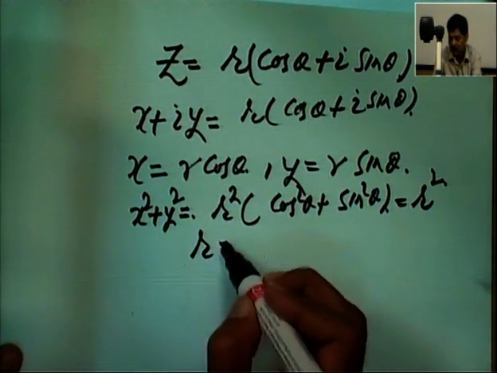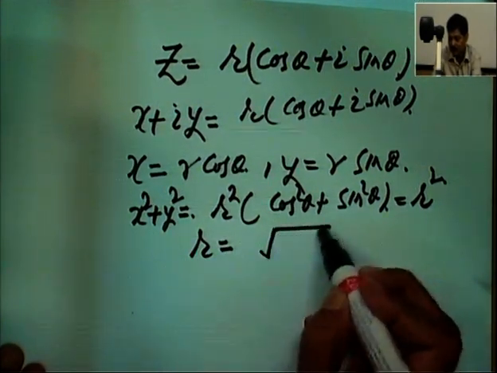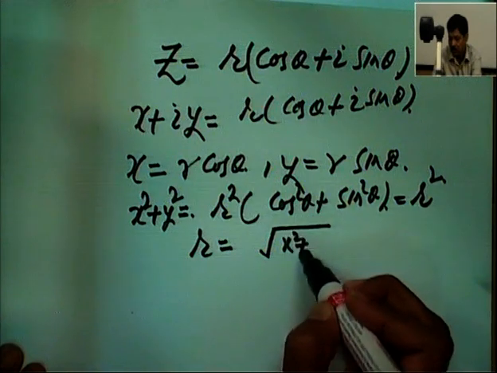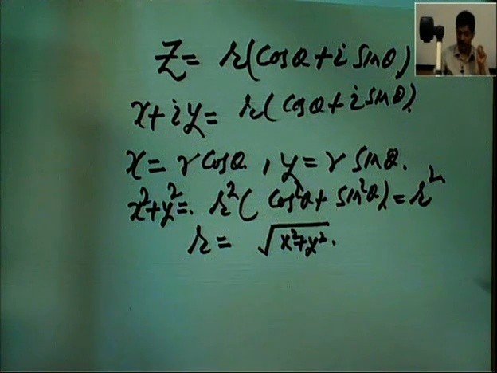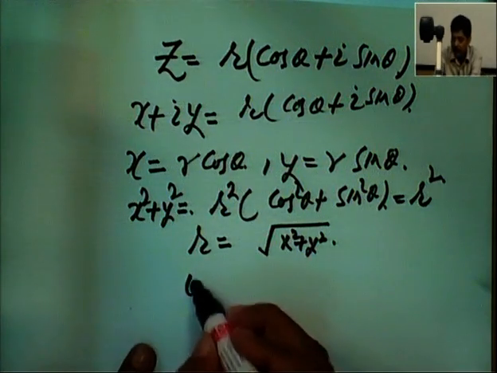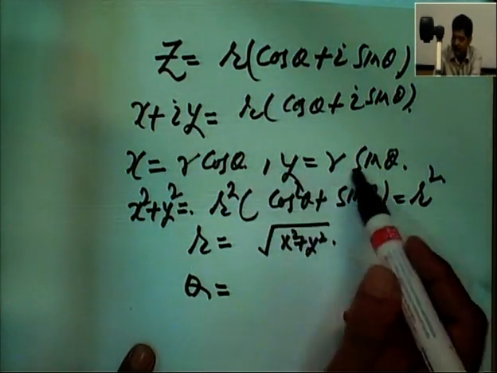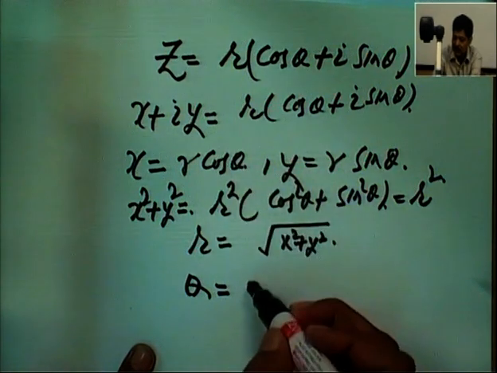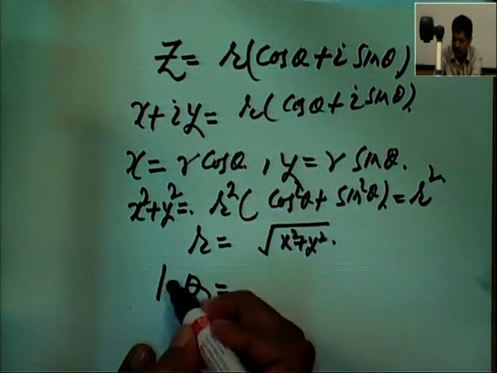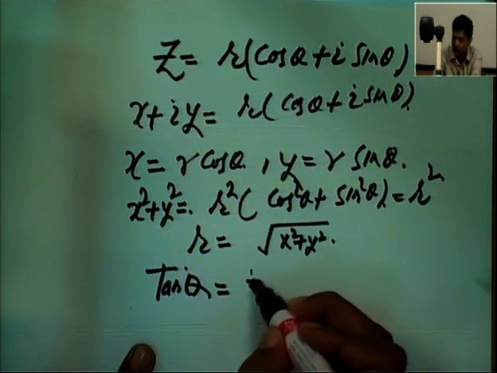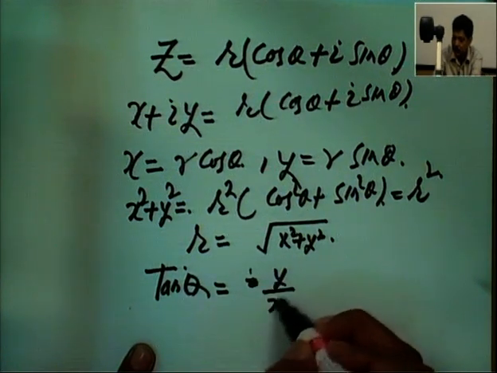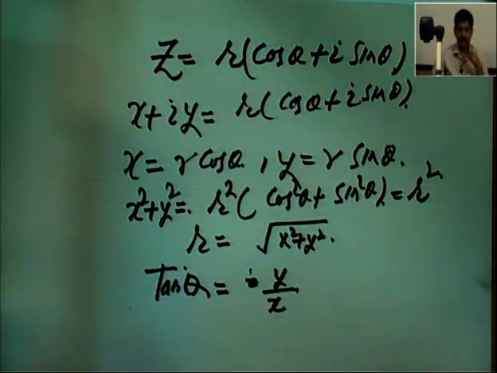So, r I write it as square root x square plus y square. And if I divide these two relations, then tan theta is equal to y upon x.